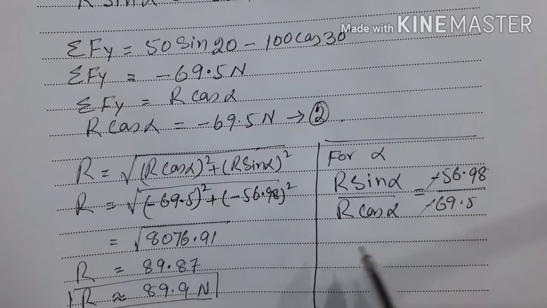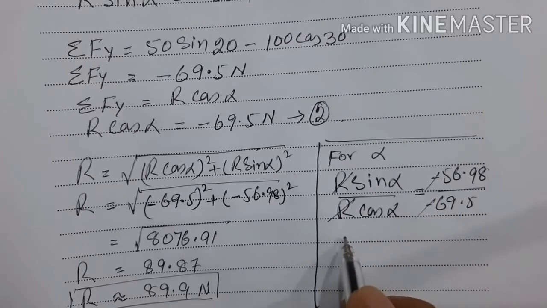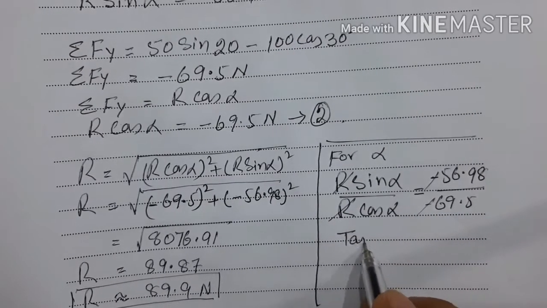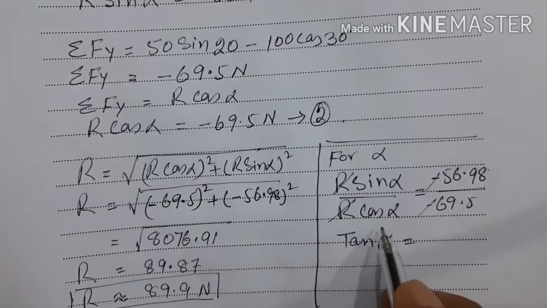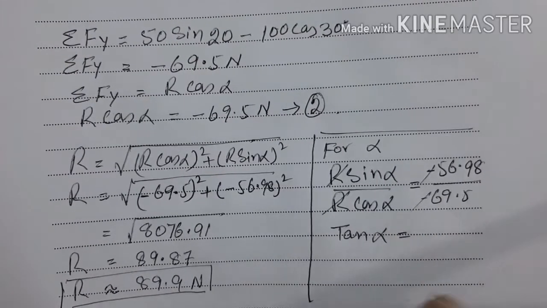So this minus cancels, this R cancels with this R, so we got tan alpha, because sine alpha over cos alpha is called tan alpha.